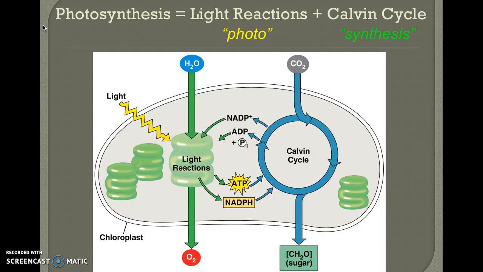Okay, this is the overview of photosynthesis. We have the light reactions. Light reactions happen in the thylakoid. And then we have the Calvin cycle, also known as the dark reactions, which is the synthesis. This is where the sugar is going to be made. In the overview, light reactions require light, which makes sense.